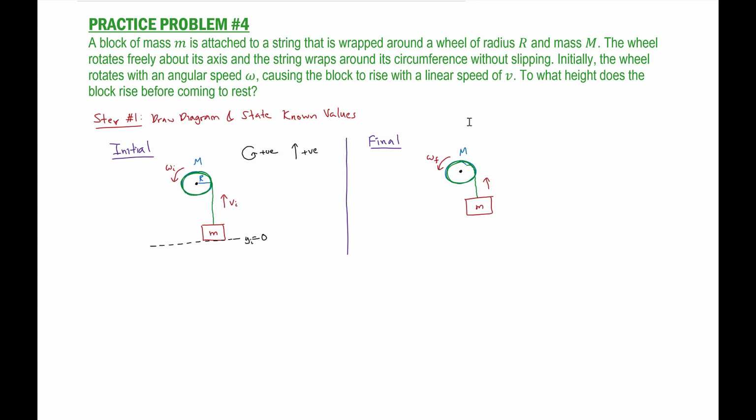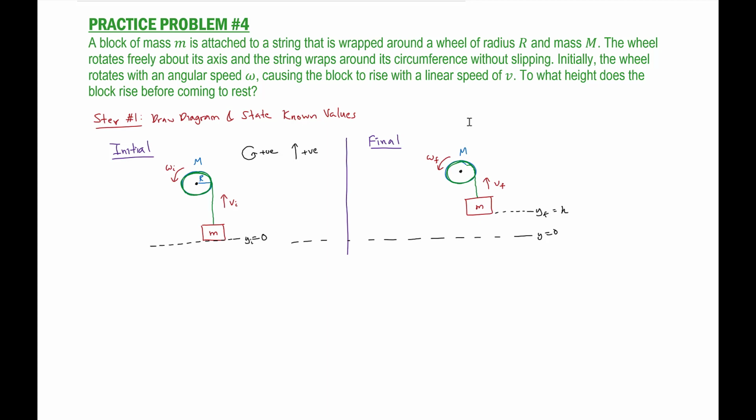The linear speed of the hanging mass might change as well, so we have a final speed for the hanging mass. And most importantly, this is y equals 0. It means that yf is equal to some sort of height, h. So we're not given any values, we're just given variables.